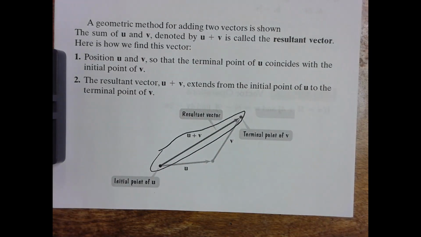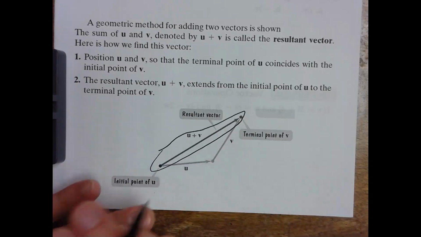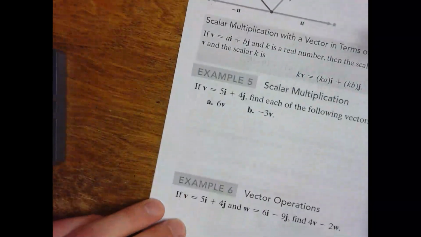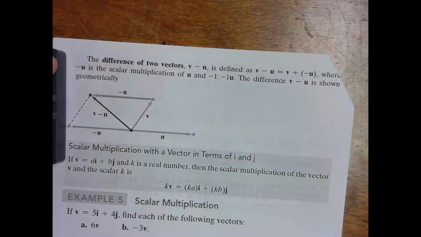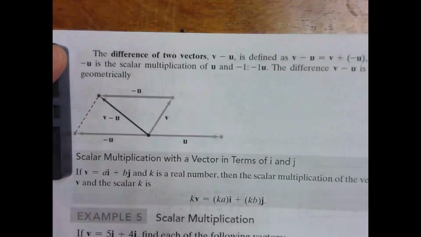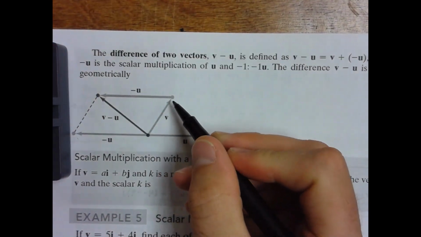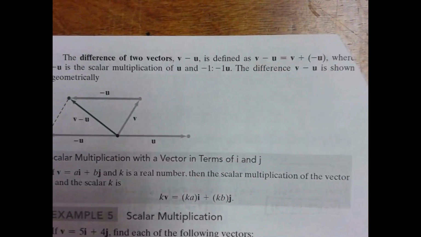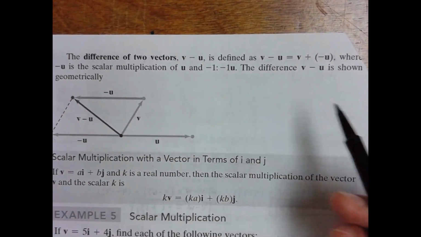Okay, so it's a brand new vector once we add them together. Again, that's not anything you need to know for what we're doing in here, but that visual does show what's going on and how we can add them and how that translates into a brand new vector. When we subtract, I don't love this diagram. To me, there's just too much going on. But we're basically doing the same thing. We're positioning one vector, its initial point, and then we have the terminal point, and the vector we're subtracting, we think about this as being v plus negative u as opposed to v minus u.